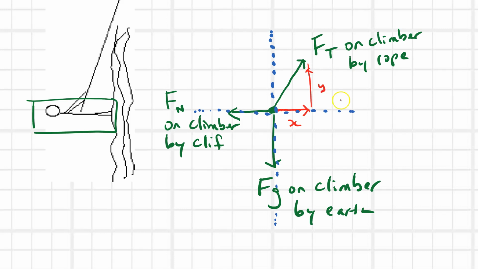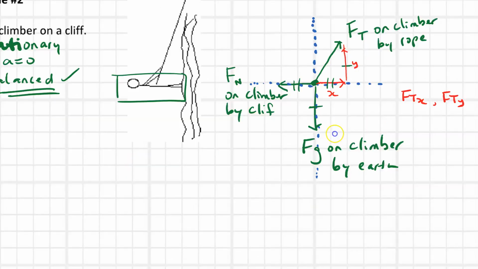I could refer to those as Ftx and Fty, or I can just label them in there. Now when I'm doing my equality marks, I can say this force is going to be equal to that force. The vertical component of the tension force is going to be equal to the force of gravity. And then this normal force, I'll put 2 ticks on that one, will be equal to the horizontal component of that tension force.